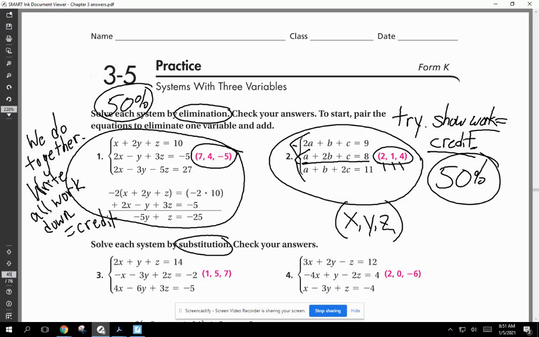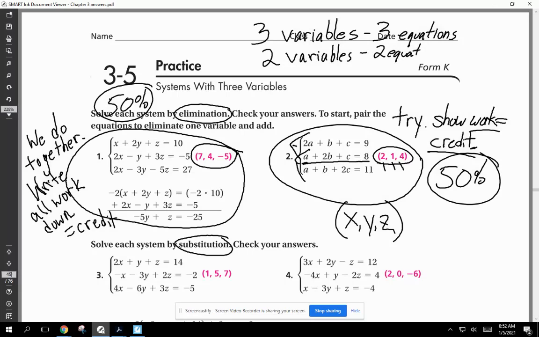The third question in the quiz is this: you start with 3 variables with 3 equations every single time. Then you go to 2 variables with 2 equations once you eliminate one. Then you eliminate another variable, and you'll have 1 variable left in 1 equation, and that's the ultimate goal because you know how to solve that.